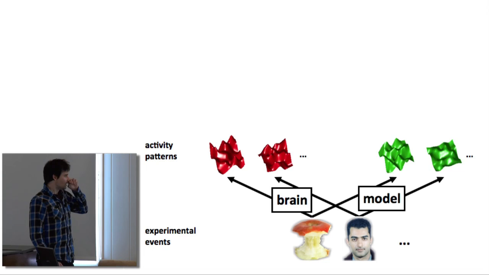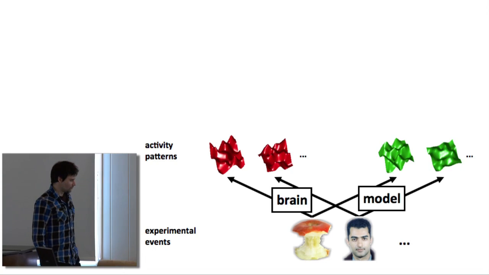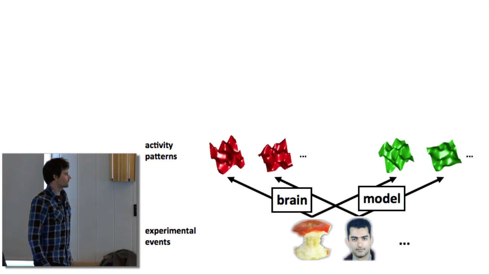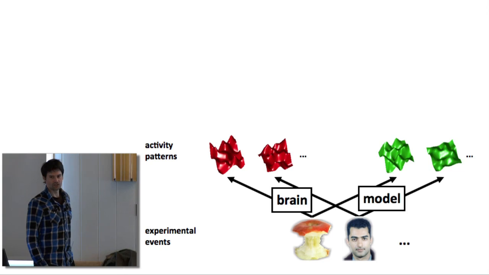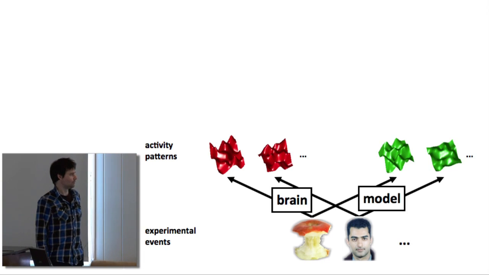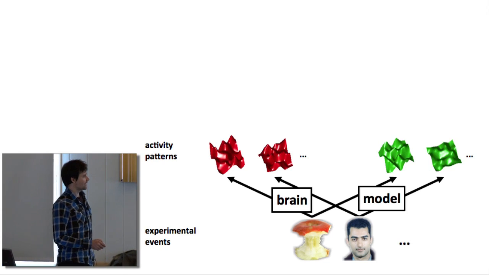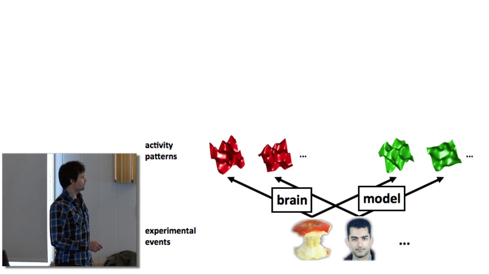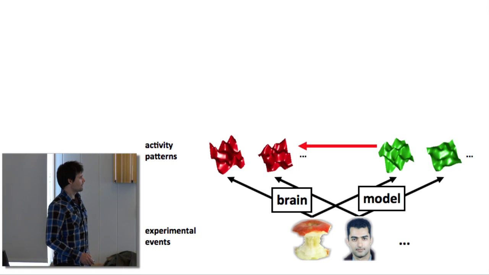So another thing that we can do using this signature of the representational dissimilarity matrix is characterize model representations with it. For this purpose, we just present our stimuli to computational models, and then we get these activity patterns in the models, just as we did for the brain.